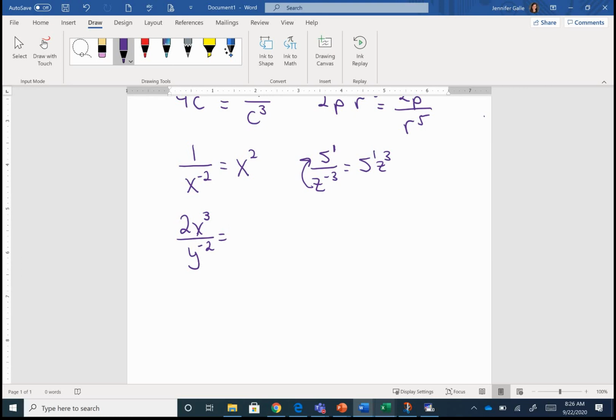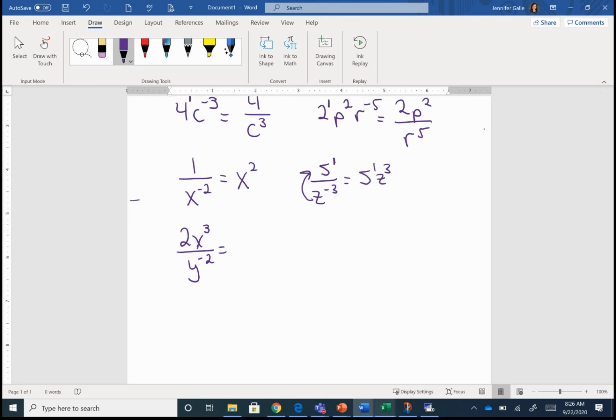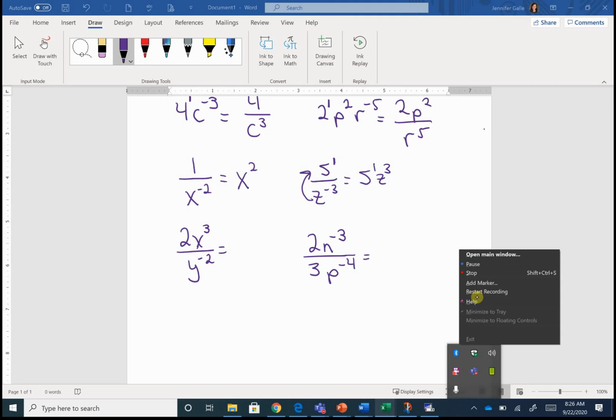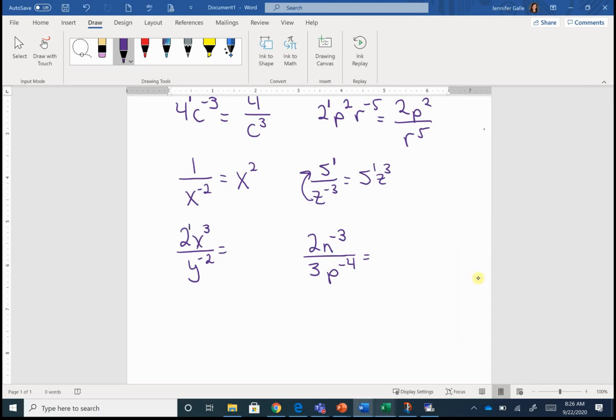Yep. These are our last two. So think about the exponent on the 2 and the 3.